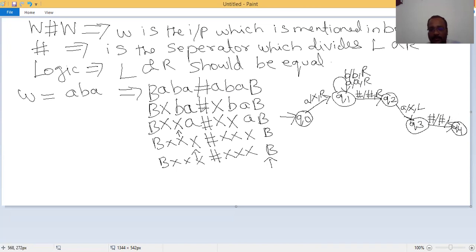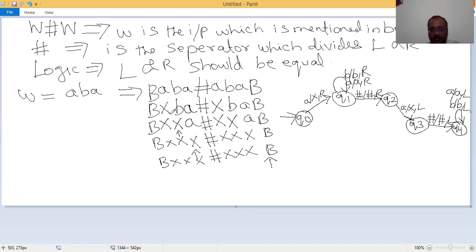So what are all the elements you are having? A, B you are having. You have to move to left hand side until you are attaining the first X. Up to that you have to move to the left hand side. You should not change any other inputs, just move to the left hand side.